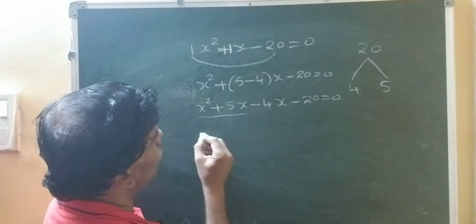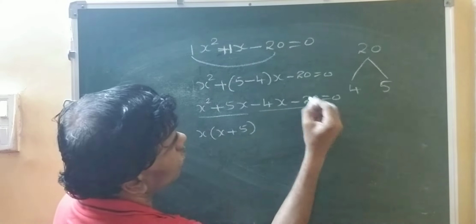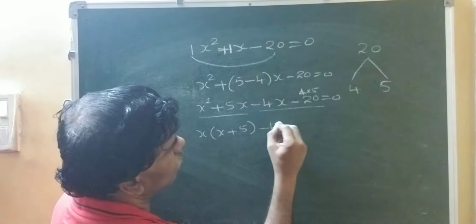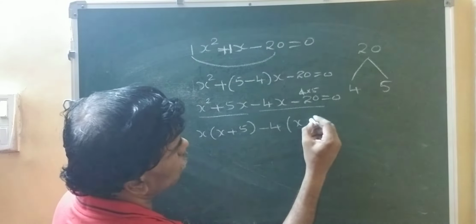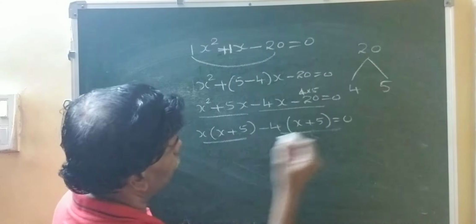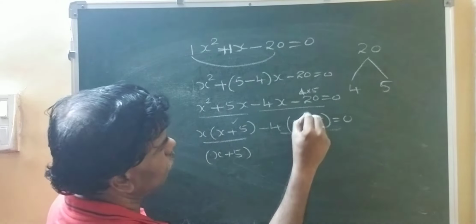So what is common here? x. So x into x plus 5. What is here? 4 into 5. So 4 common, minus 4 into x plus 5 is equal to 0. So x plus 5 is common in both.